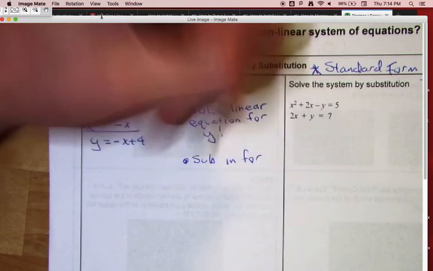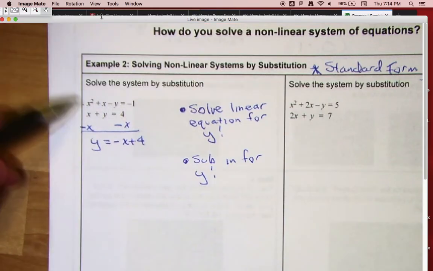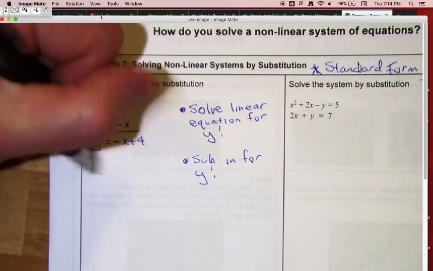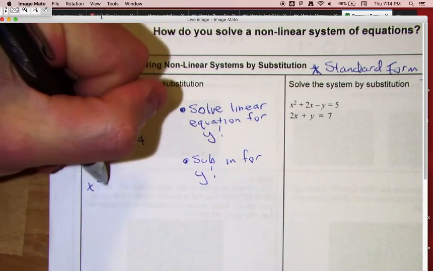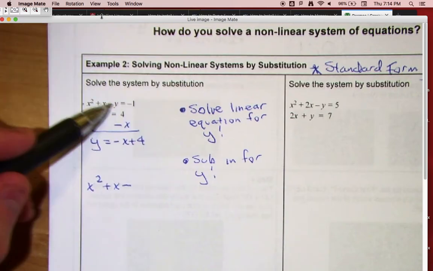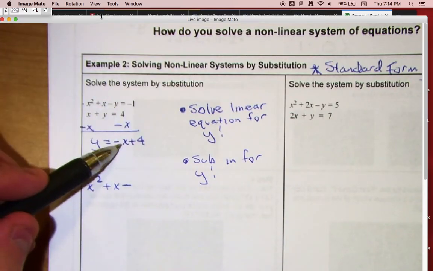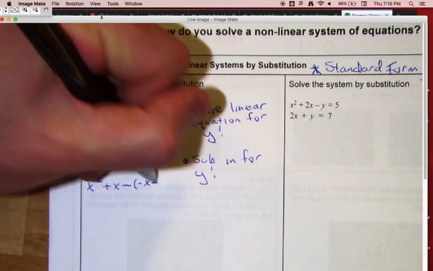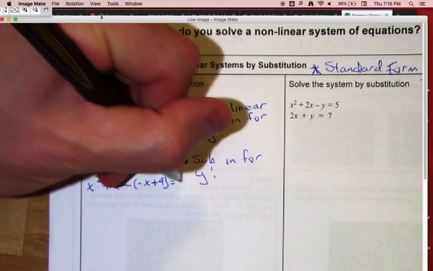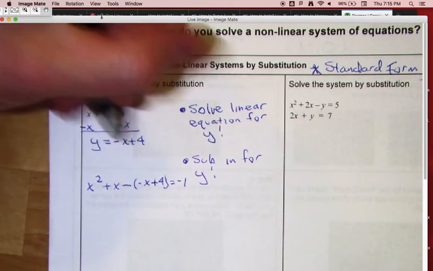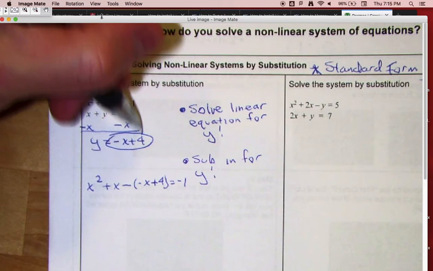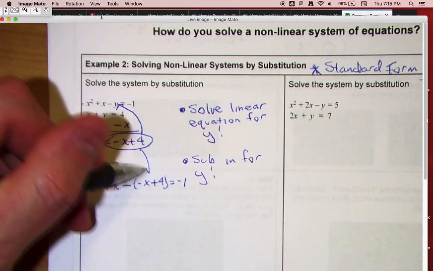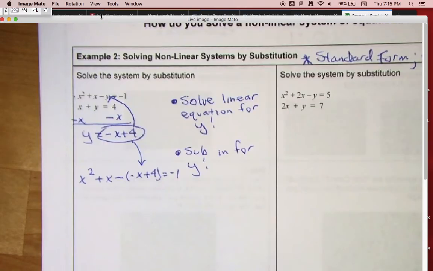So I'm going to take this top equation, x squared plus x minus y equals -1, and I'm going to write it x squared plus x minus, instead of y, I'm going to put this negative x plus 4, excuse me, equals -1. So what I really did is I took this and I plugged it in right there, substituted it in, and you can see where I substituted it in right there.